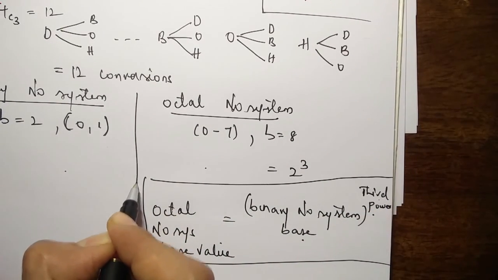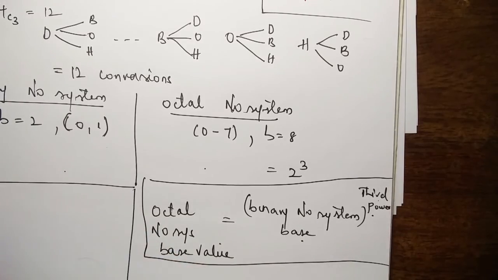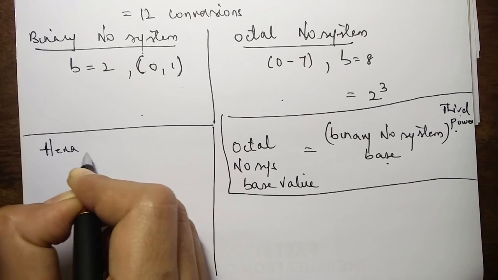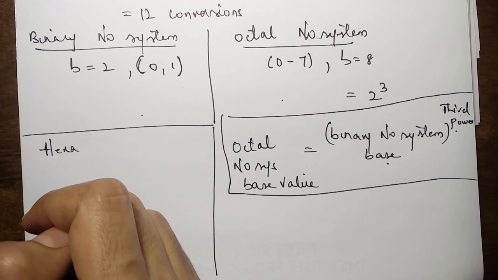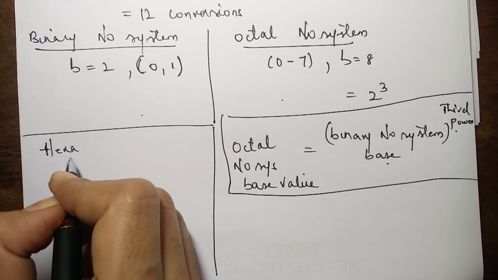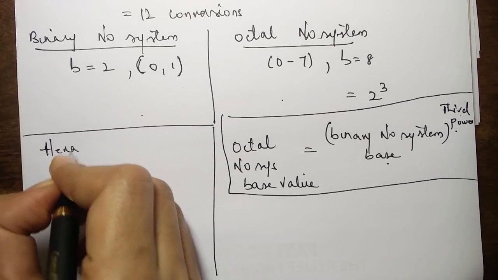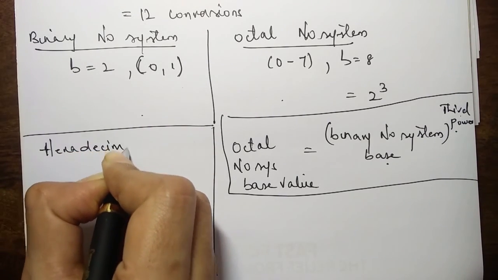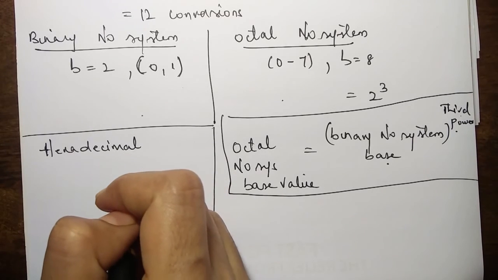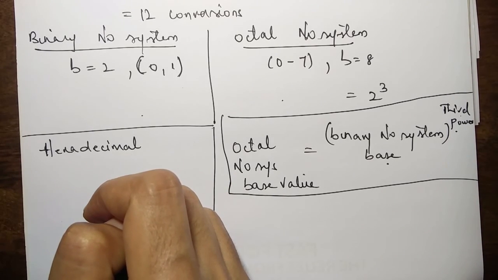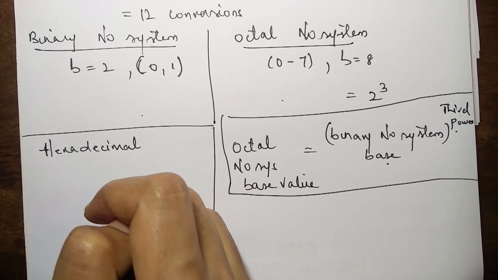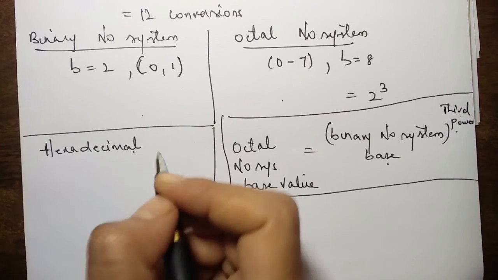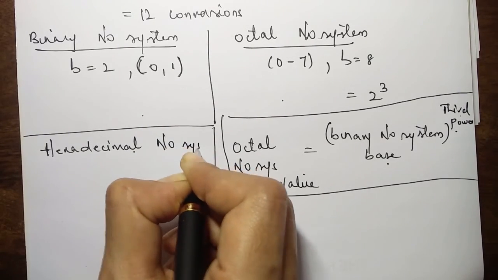Important. And when it comes to the hexadecimal number system, it is a combination of both decimal values and alphabetical values. Why we are using alphabetical values here is to reduce the code. When the binary number system code becomes very large, we use the hexadecimal number system to make it short.